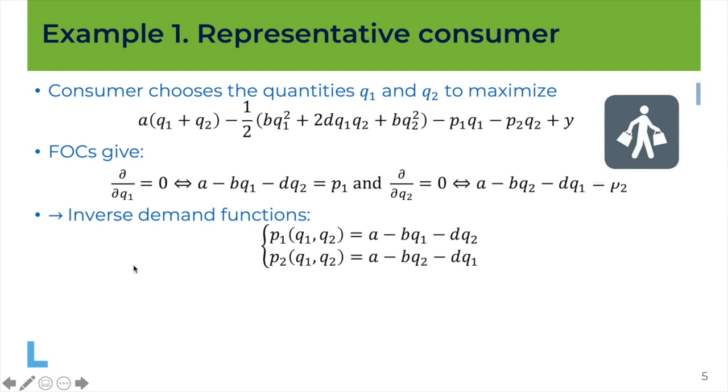Okay, so I want to pause here a little bit to explain the meaning of the different parameters in these functions. So first we have A. You can see A as the maximum price that the consumer is willing to pay for each good. Now for a particular quantity, what the consumer is willing to pay will be lower than that.